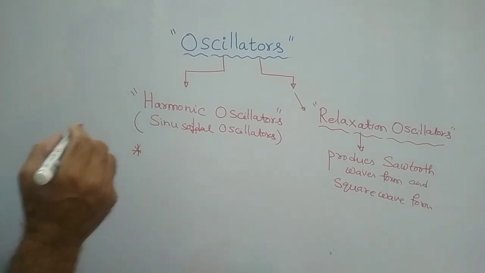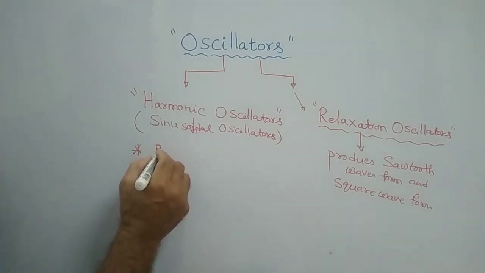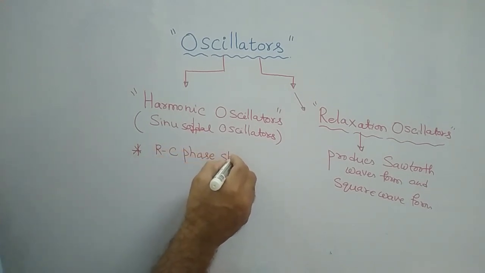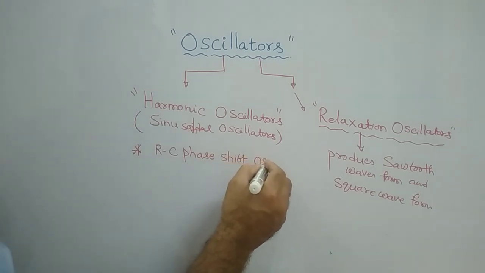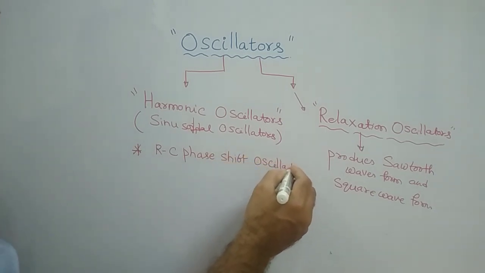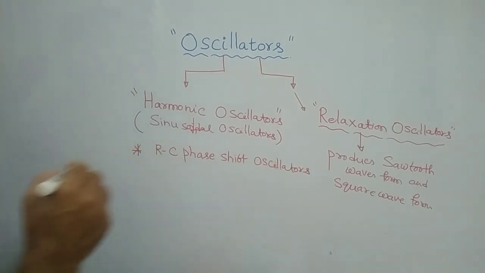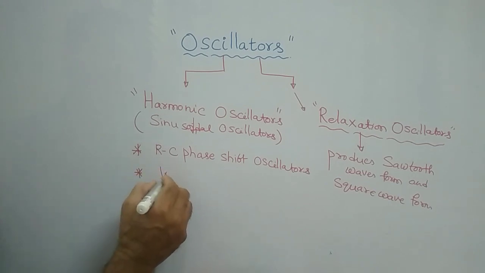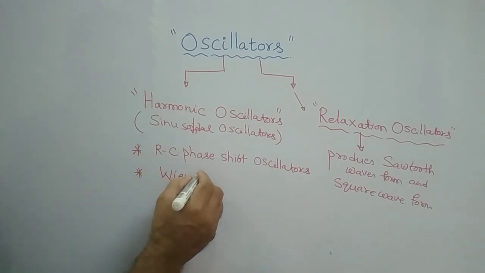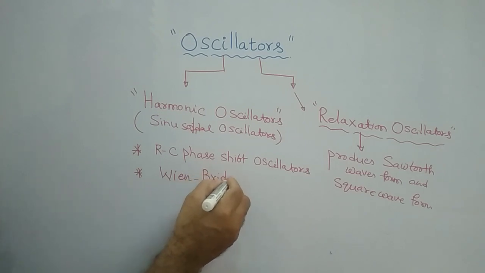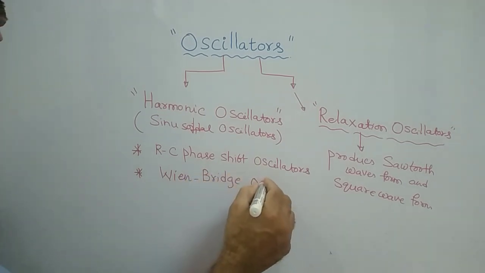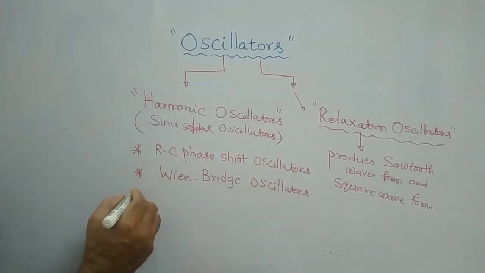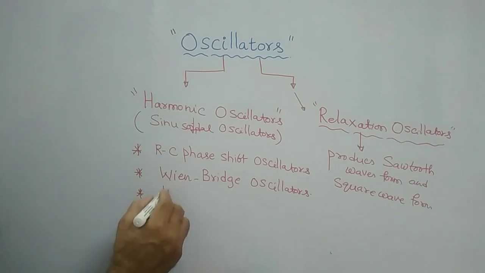The first one is the RC phase shift oscillator. Later on I will explain these oscillators very clearly. The second one is the Wien bridge oscillator, right? The third one is the Hartley oscillator.